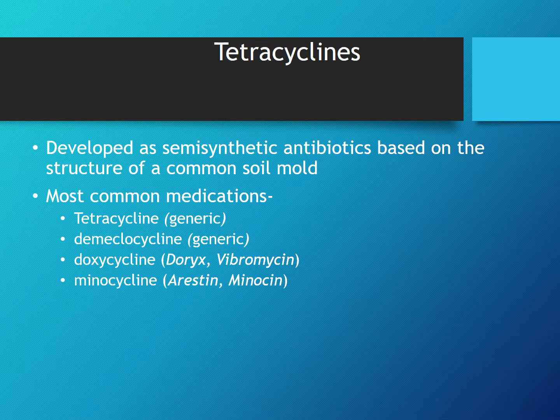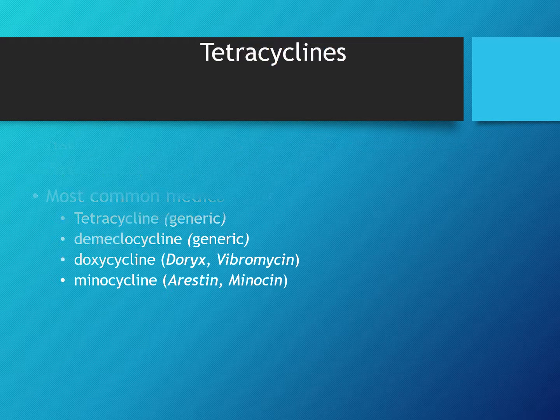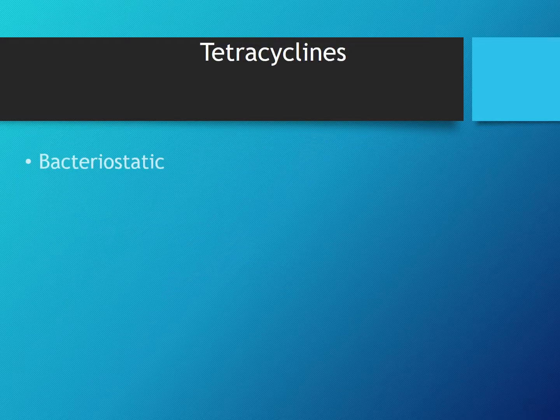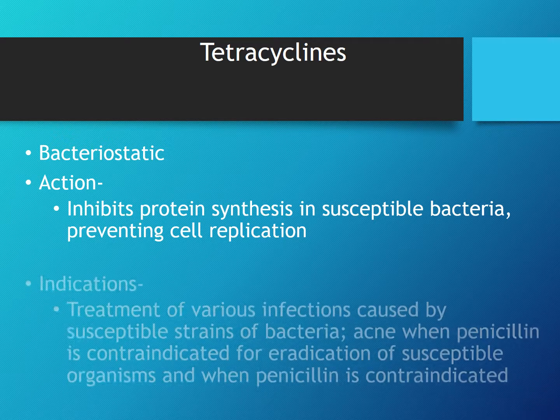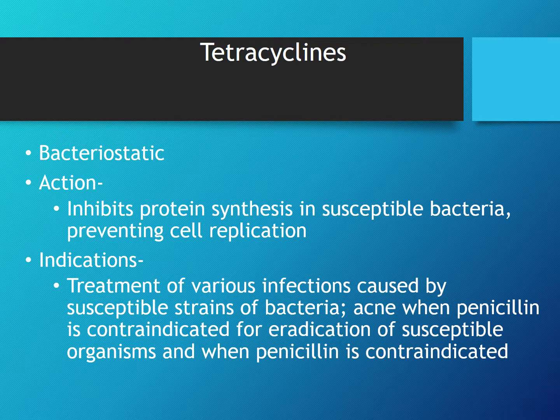They include tetracycline, demeclocycline, doxycycline, and minocycline. They are bacteriostatic. They will inhibit cell replication by inhibiting protein synthesis. They are used to treat various types of infections. They can be used to treat acne as well, or in situations where penicillin is contraindicated.